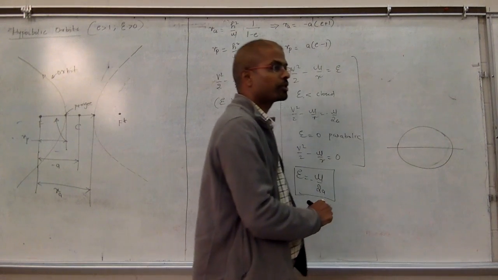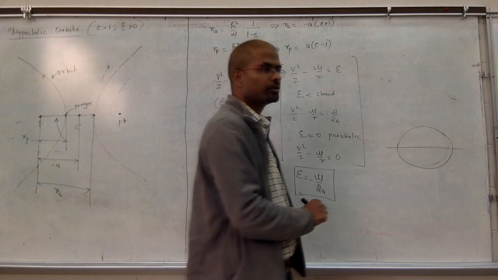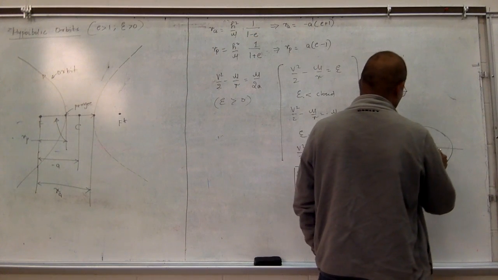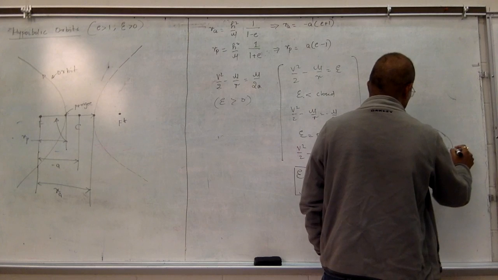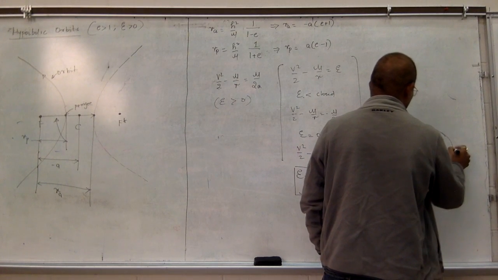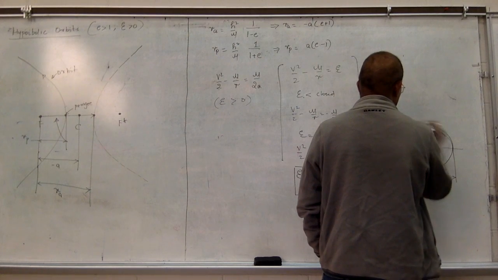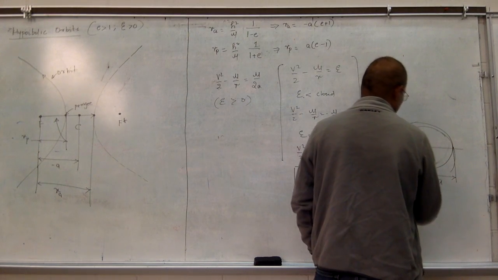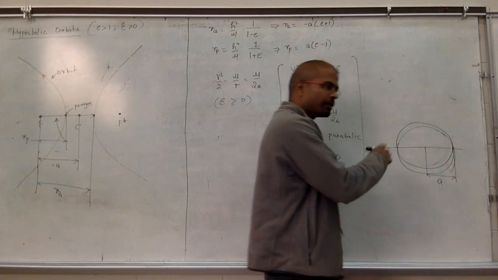What is the measure of the size of this? From the center to the foci? Not center to the foci. Center to the orbit, this is a, right? I can just take this and make it a circle, and these two orbits would have the same energy.